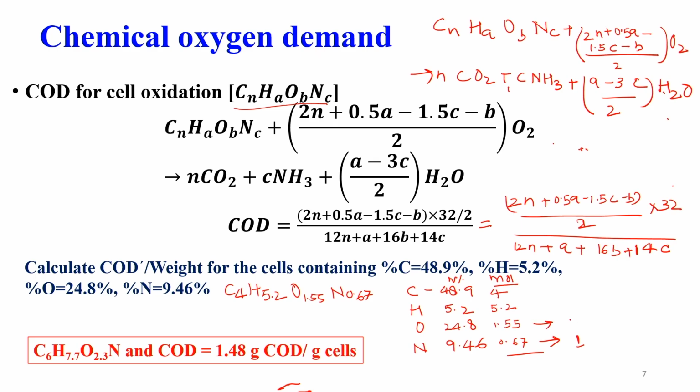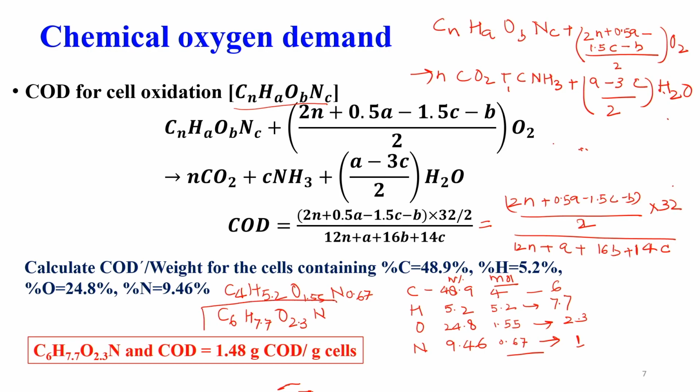So this will be 6 for carbon, 7.7 for hydrogen, 2.3 for oxygen and 1 for nitrogen. So another equivalent formula for the biomass is C6H7.7O2.3N1.